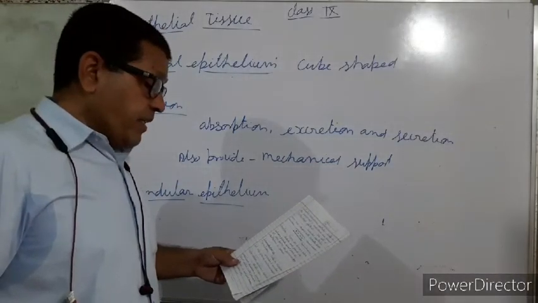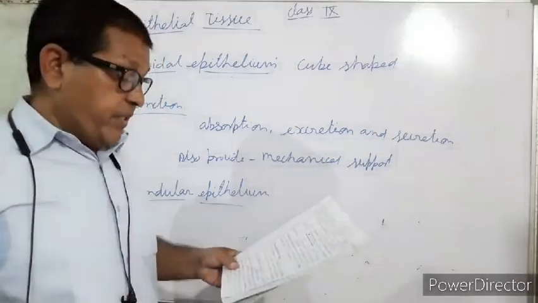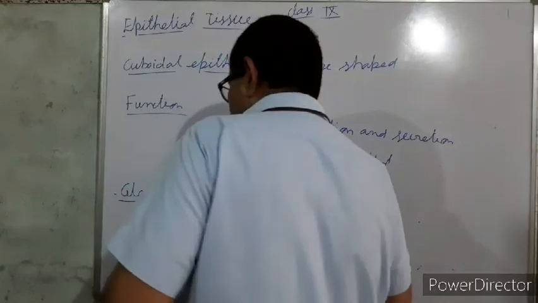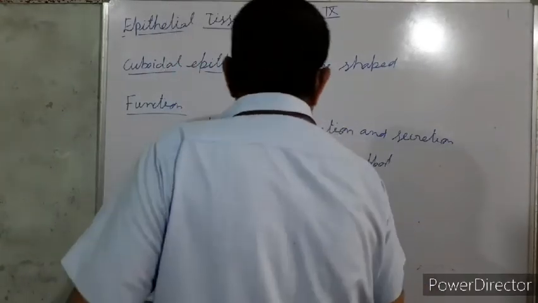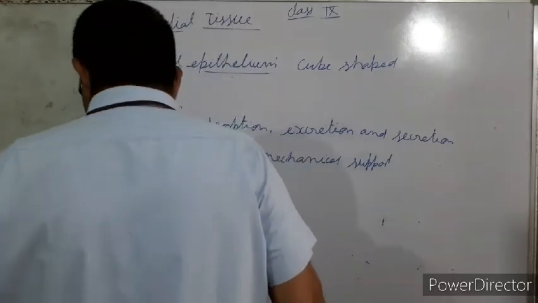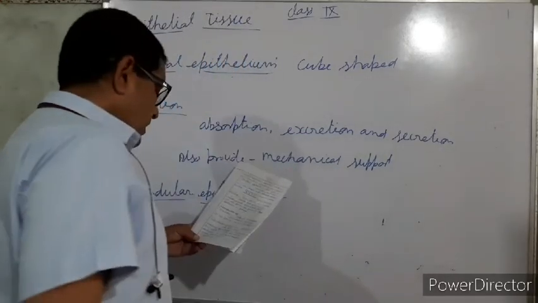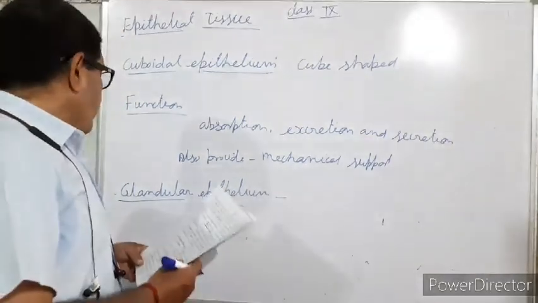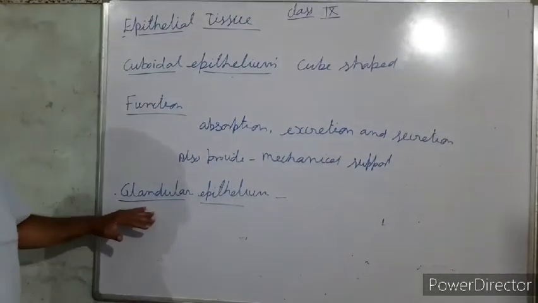Such epithelium is called glandular epithelium. Sweat gland, mammary gland, salivary gland, endocrine glands, these are examples of glandular epithelium.